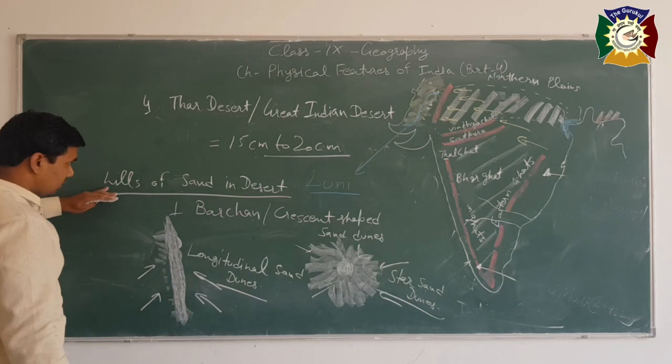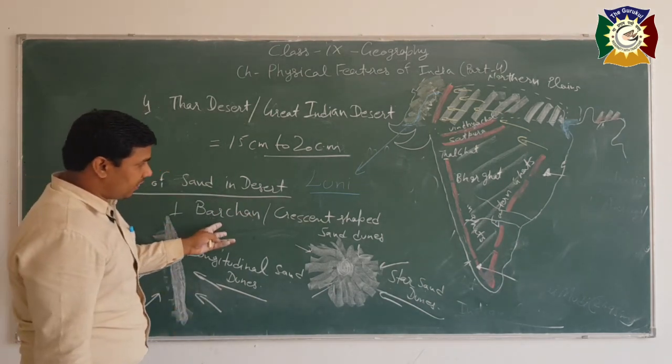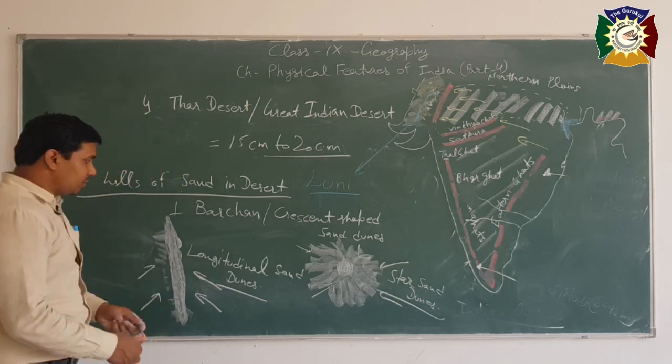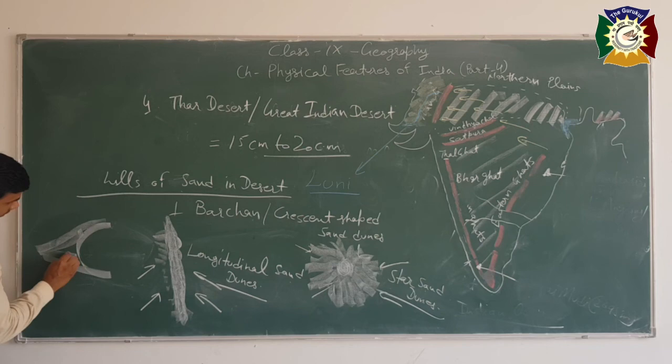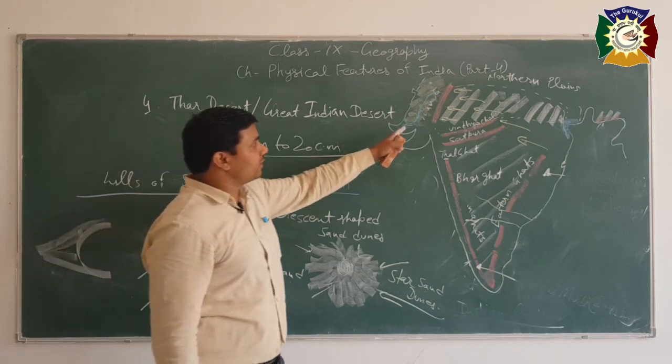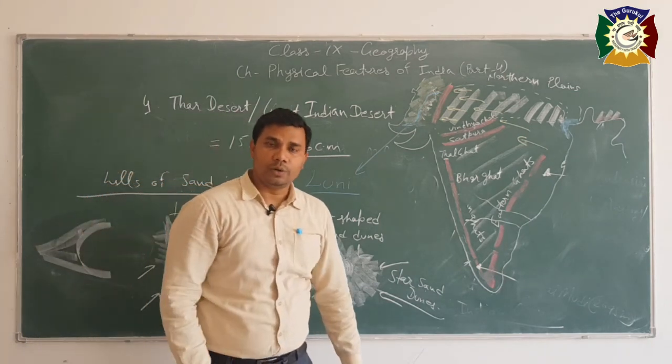Sand dunes means small hills of sand. And which kinds of sand dunes do we find here? Longitudinal sand dunes and crescent shape sand dunes. And the only river that flows through this region is Luni.